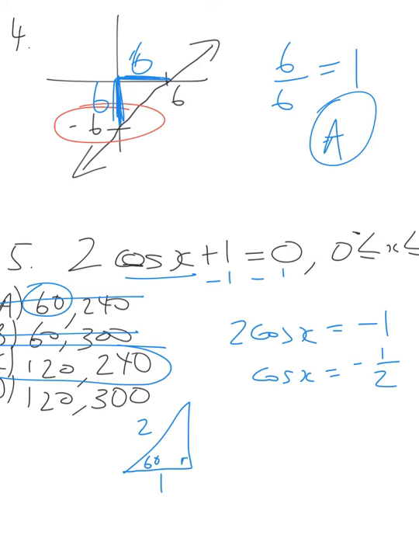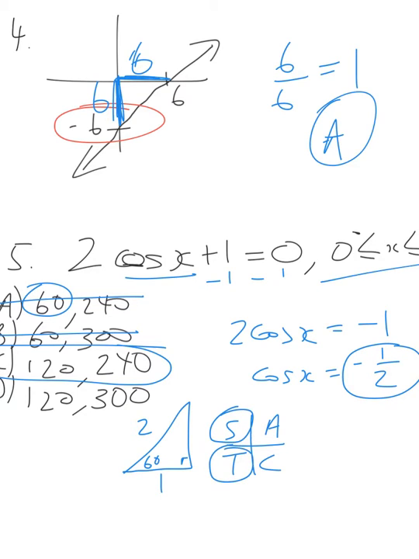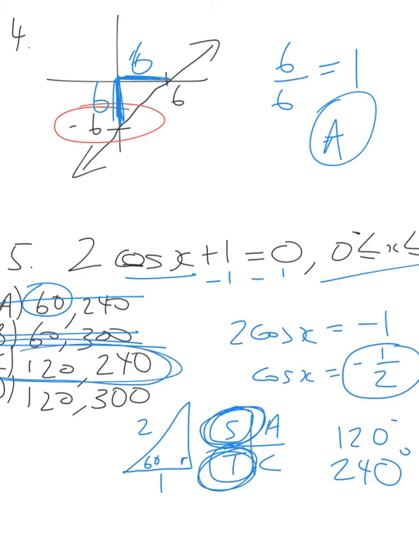So this angle here will be 60, but we also want all the solutions up to 360. Cos is negative, so we only want these 2 quadrants. So 60 does not bother us, but we're going to use 60 in this quadrant, which is 180 minus 60, which is 120, and in this quadrant 180 plus 60, which is 240, which is obviously, as we said, the C.